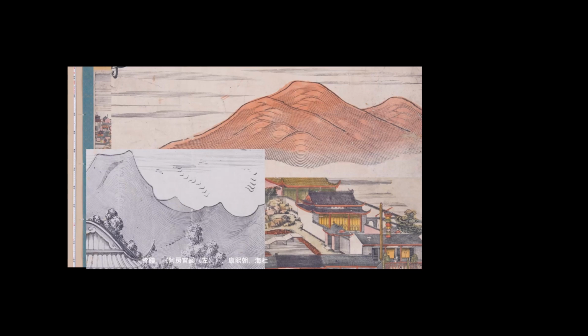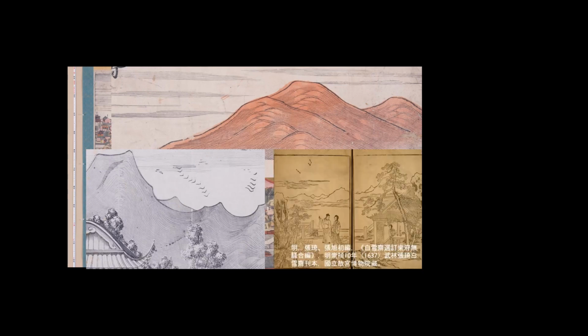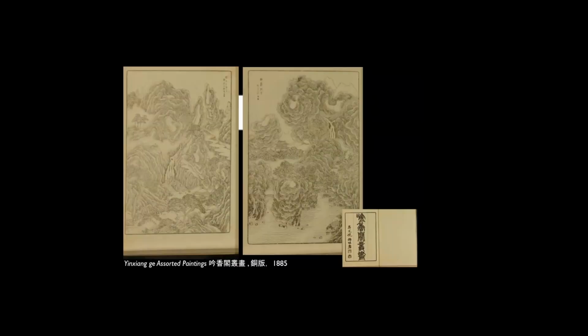This brings to mind the reaction of Wang Tao, a literatus from Shanghai in the later half of the 19th century, when he encountered a Chinese painting manual entitled Collection of Paintings from the Xiyang Pavilion, dated 1884, which was printed in Japan with copperplate engraving.